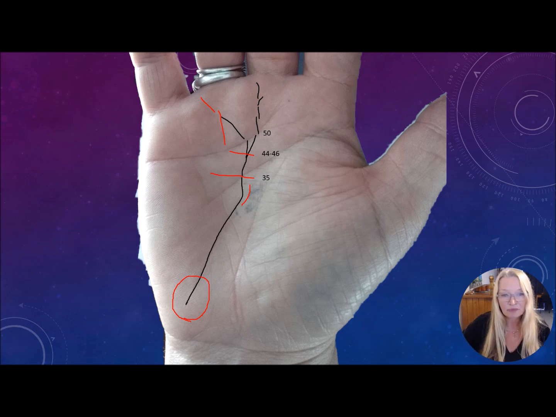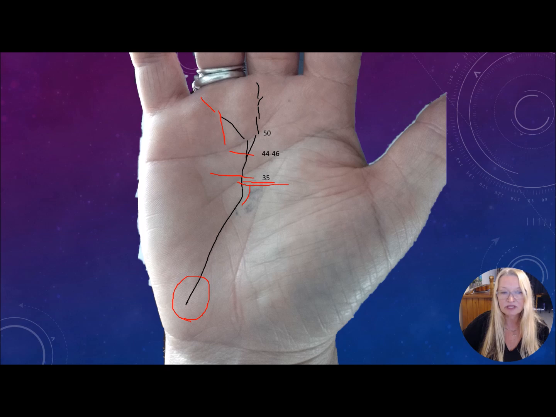And this is approximately, we're looking at approximately 27 years of age, give or take. And then the line seems to sort of smooth out until some of these called stress or worry lines come and hit that area.